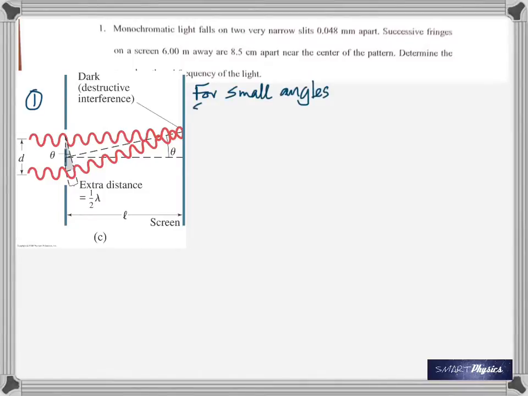And we know that for small angles, sine theta, now understand that this distance from the center of the screen to a certain point is x. For small angles, we can take sine theta as x divided by L. Really, it should be tan theta, but when theta is small, sine theta is equal to tan theta.